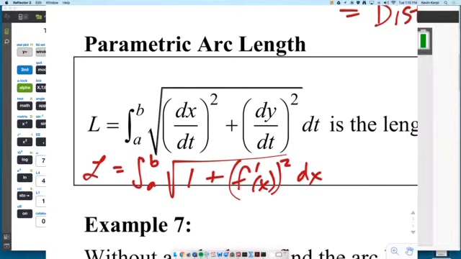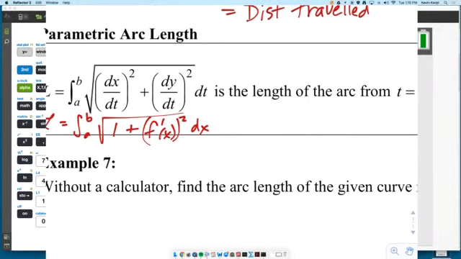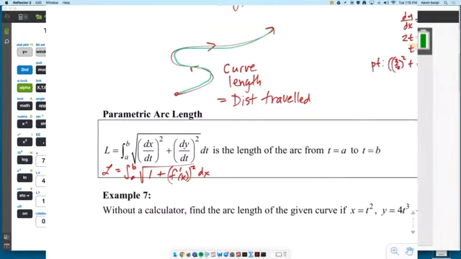So it's now the square root of x prime squared plus y prime squared, instead of 1 plus, it's each of them squared, dt. Not that difficult to remember because it's very similar to the other one. And not only does that give you the arc length from A to B, as you'll see in terms of particle motion when we get to vector, it gives you the distance it travels.